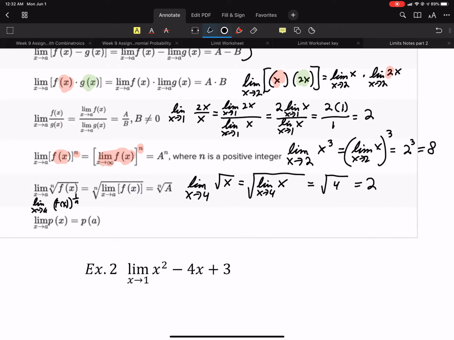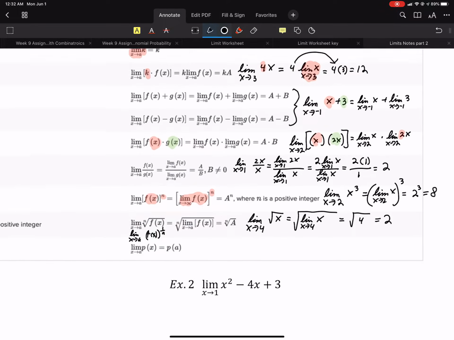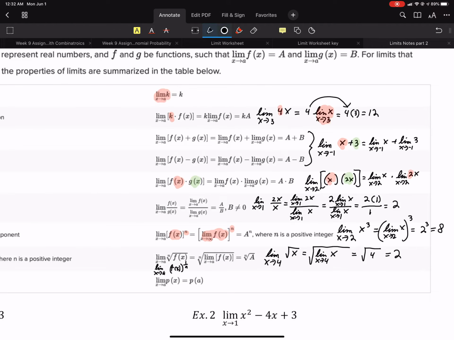Now again, some of you might be seeing some shortcuts, and here's the problem. We have building blocks. We're building up from either given definitions or theorems or previous postulates. So you can't just say, oh, I see a shortcut, I see a pattern, I'm just going to use that pattern.